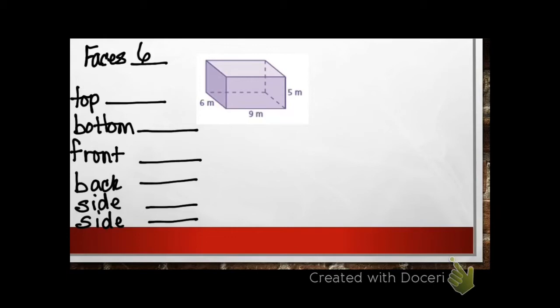All right, look at your shape. Think about which numbers apply to the top and to the bottom. Okay, we know that they are 9 across and 6 wide. So 9 times 6. And if you want, you can come over here and go ahead and write 54 and 54.